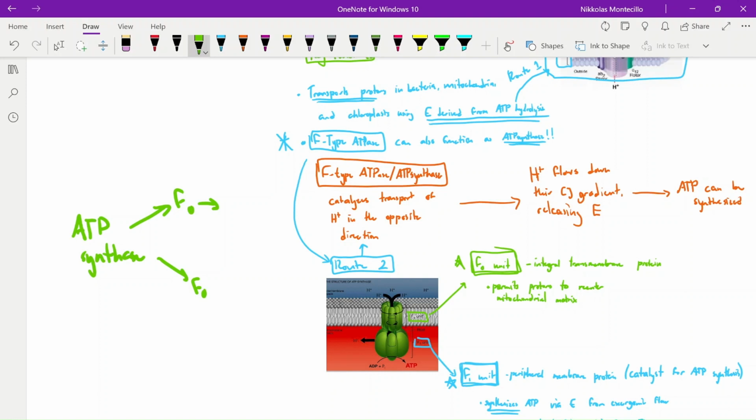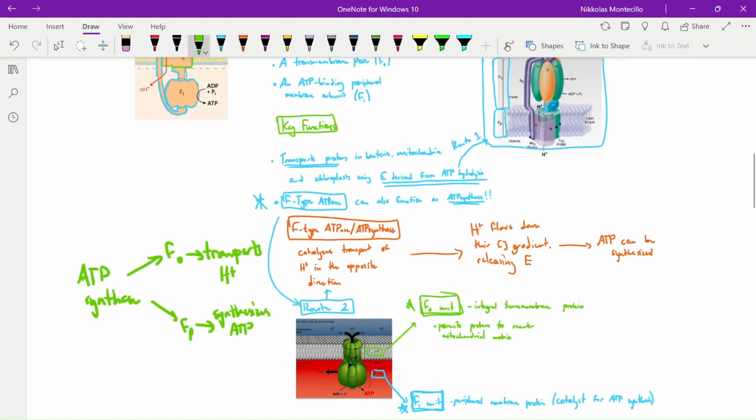F0 transports hydrogen protons. F1 synthesizes ATP. Okay? That's essentially the basic idea behind ATP synthase.